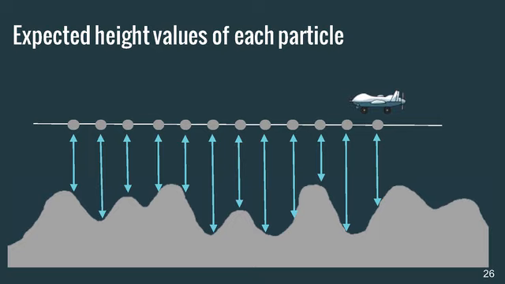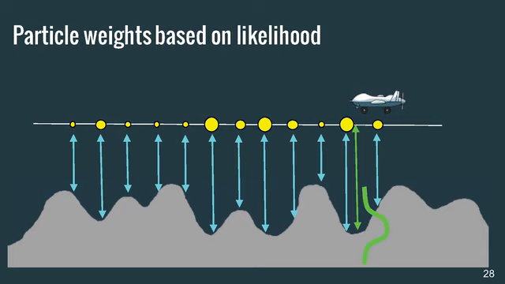So we're going to compare them, measuring the likelihood of each of these occurring, and we're actually weighting the particles. So based on what we measured, these are most likely, so they get a larger weight. And we are most likely not on top of a mountain at this point, so those get smaller weights.